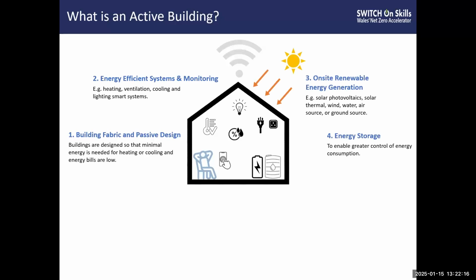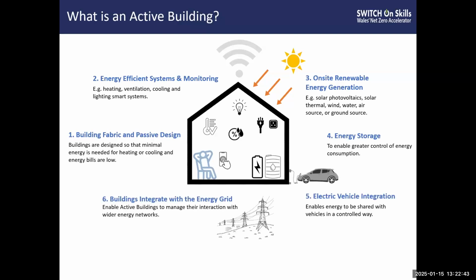We also have active buildings will also incorporate on-site renewable energies and generate their own energy via things like solar PV, solar thermal, wind, and so on. And also energy storage. So this energy that's been generated locally can then be stored for when it needs to be used.